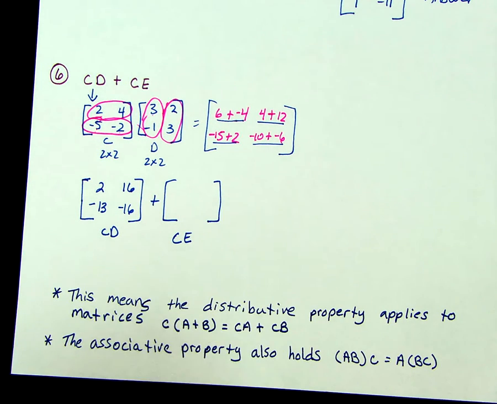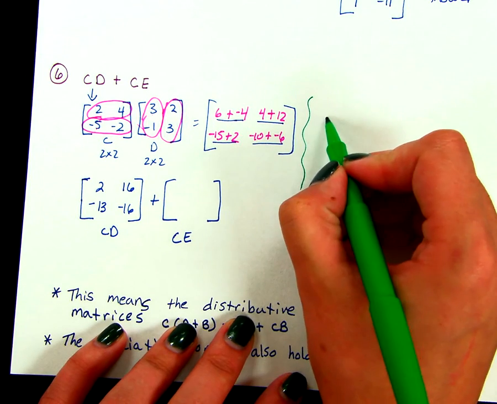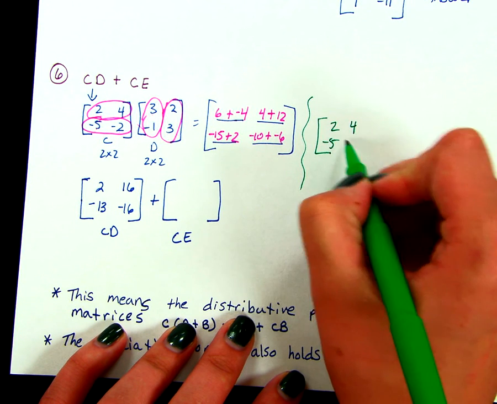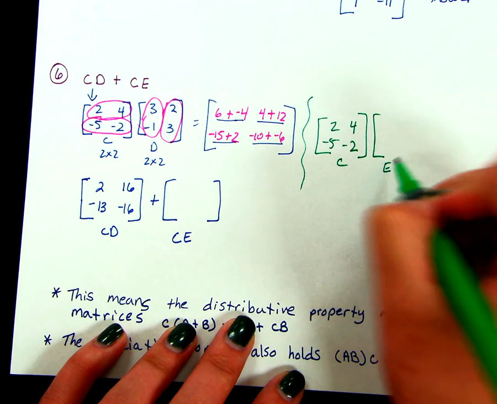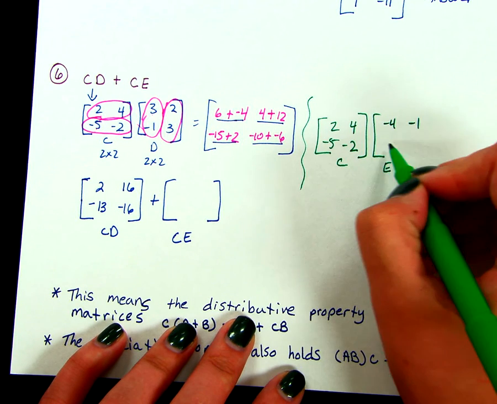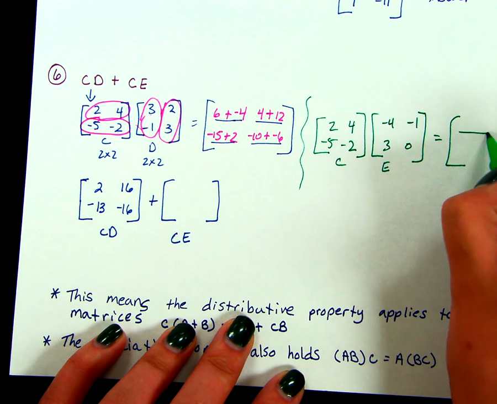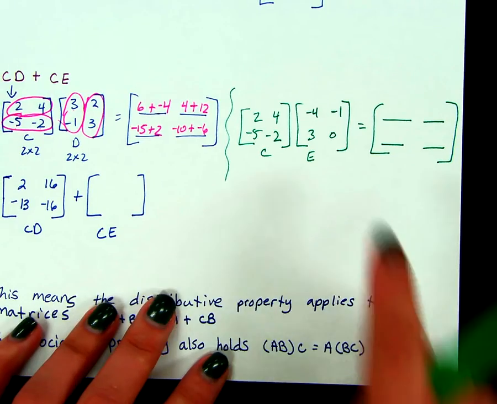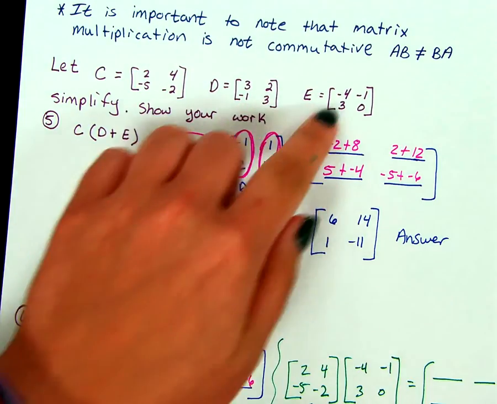Okay, so the next thing that we're going to do then, now we're going to take C again. So C was 2, 4, negative 5, negative 2. So C, and then multiply that to E. So negative 4, negative 1, 3, and 0. So again, we're just going to write our positions here and then simplify. And again, these matrices came from the work we did at the beginning, or that was given to us at the beginning.